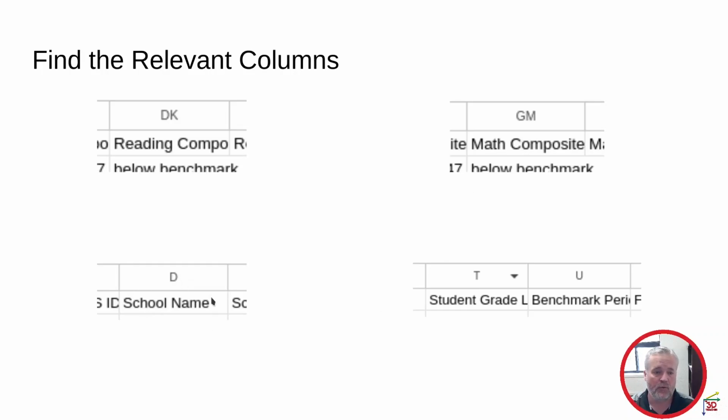We want the school name column, which is column D. And then we want 2 more columns that we're going to filter by. We want the student grade level, which is column T, and the benchmark period, which is column U. If those are different for you than they are for me, just go ahead and note down which one's which so you have them written down so that you can access those later.